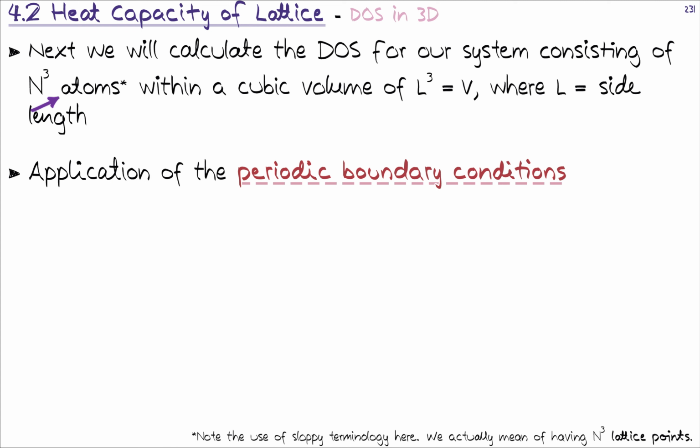If you would end up in a scenario where you would need to generalize this treatment into, for example, a diatomic case or some kind of different lattice where you would have a different basis and not just a single atom at the lattice point, then it would be good to remember that we're actually dealing with the lattice points here, so that you make the distinction between atom and lattice point.